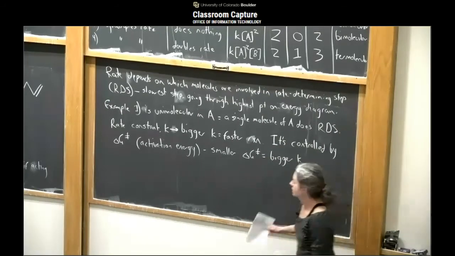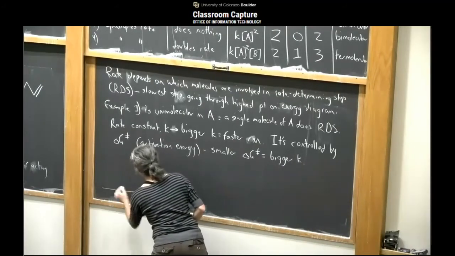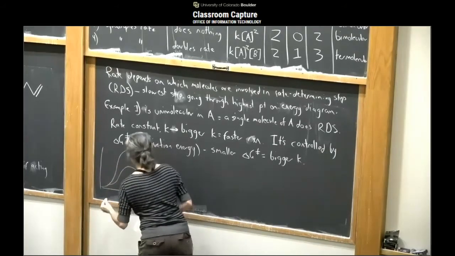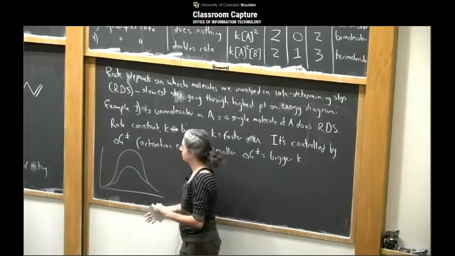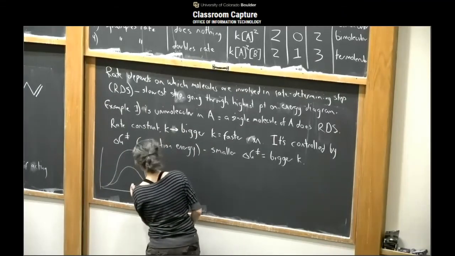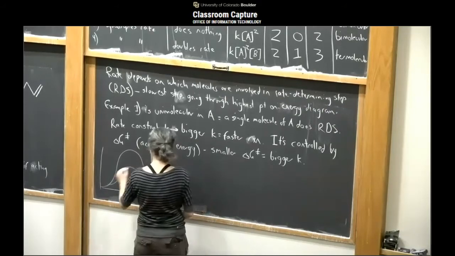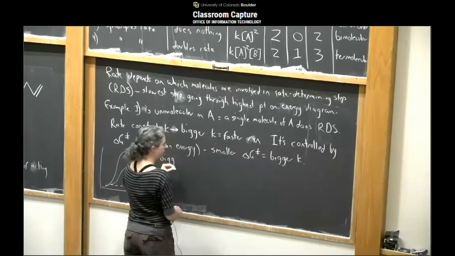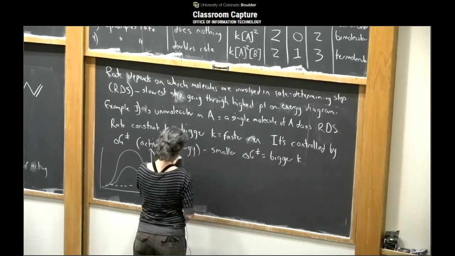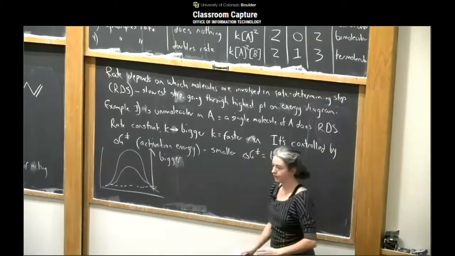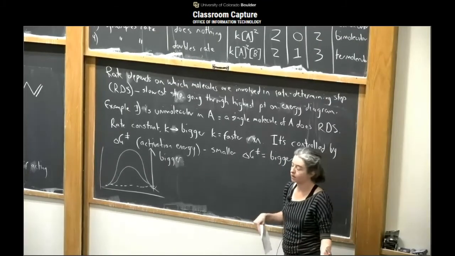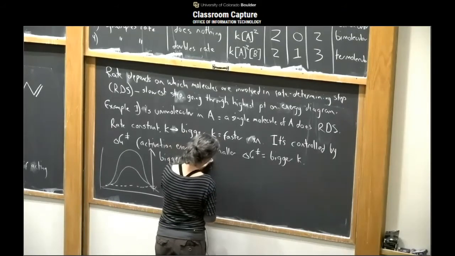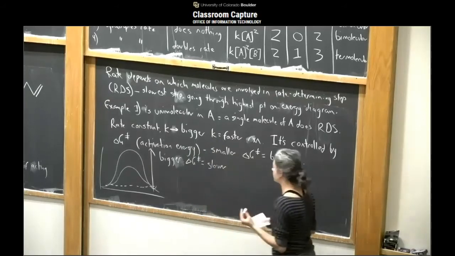In other words, just to do a quick sketch here, if you've got two different reactions available to you, and one of them involves having to get over a much bigger barrier, so the bigger the ΔG double dagger is, the harder it's going to be for the molecules to get enough energy to get over that barrier, and the slower the reaction's going to go. So the rate constant is going to be smaller.